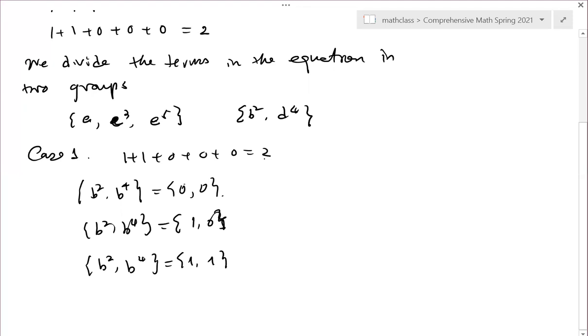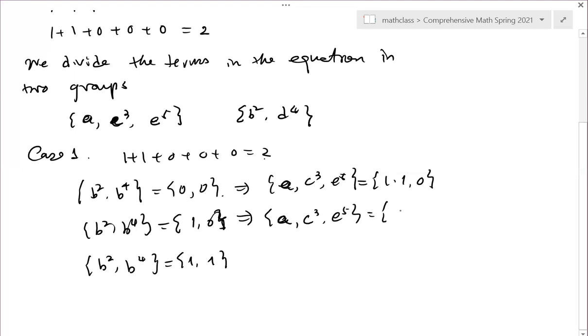In the first case, a, c cubed, e to the fifth is going to be 1, 1, 0, because you only have 1, 1, 0, 0, 0. In the next, a, c cubed, e to the fifth has only one 1 and two 0s. And the last one, a, c cubed, e to the fifth is going to be 0, 0, 0.